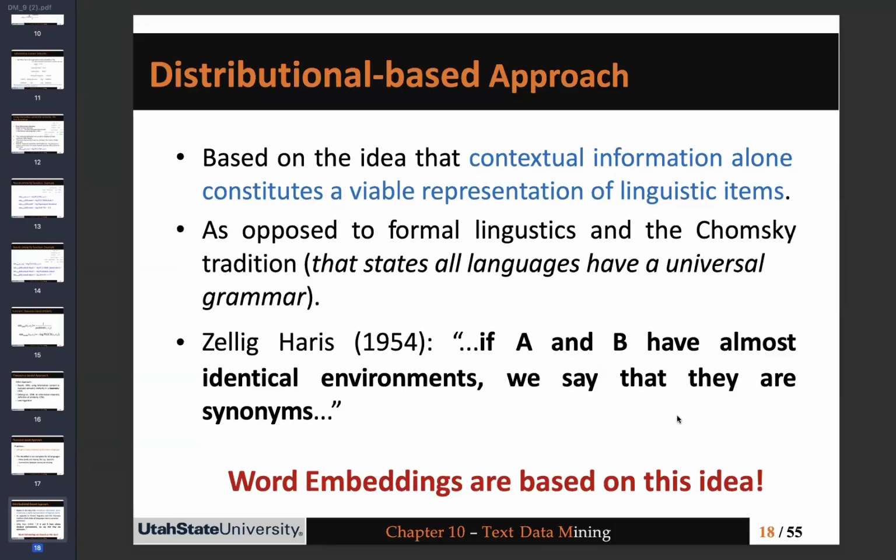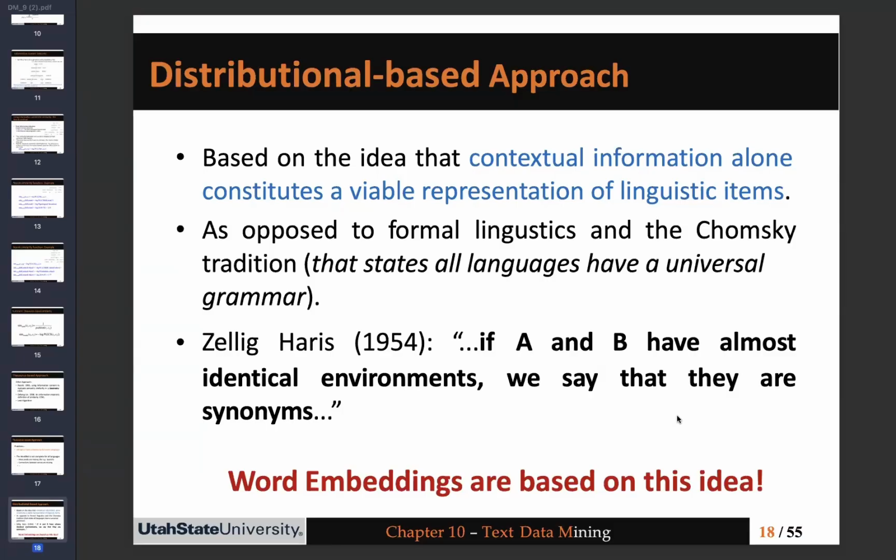And here, distribution simply means that if I know the word context where it lives, and the distribution of where it lives, then I should be able to know what that word means. So if two words have the same distribution, they live in the same context, then they probably are related and they are similar, right? So that's the idea behind distributional based methods.